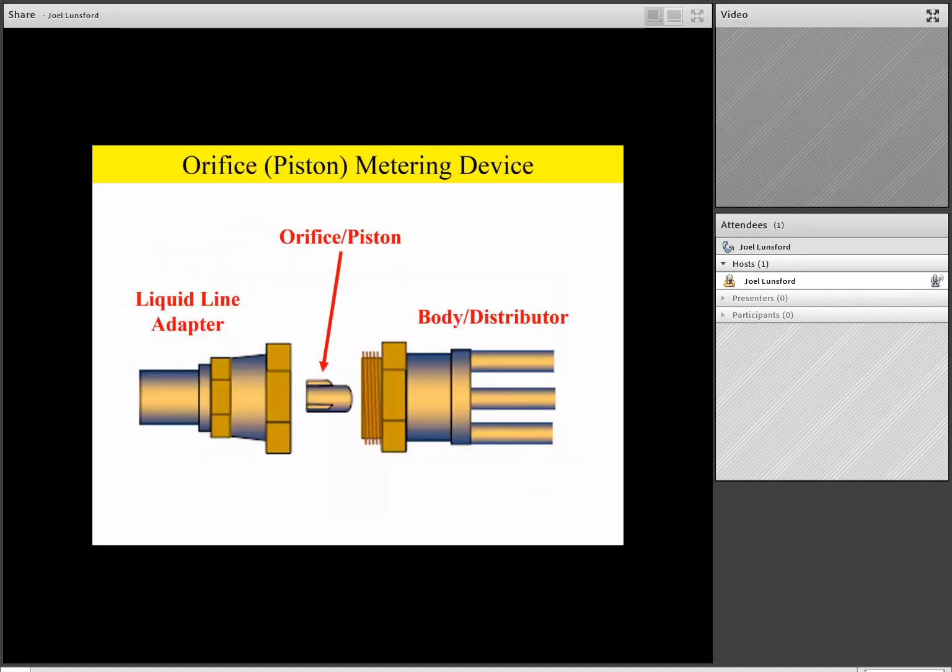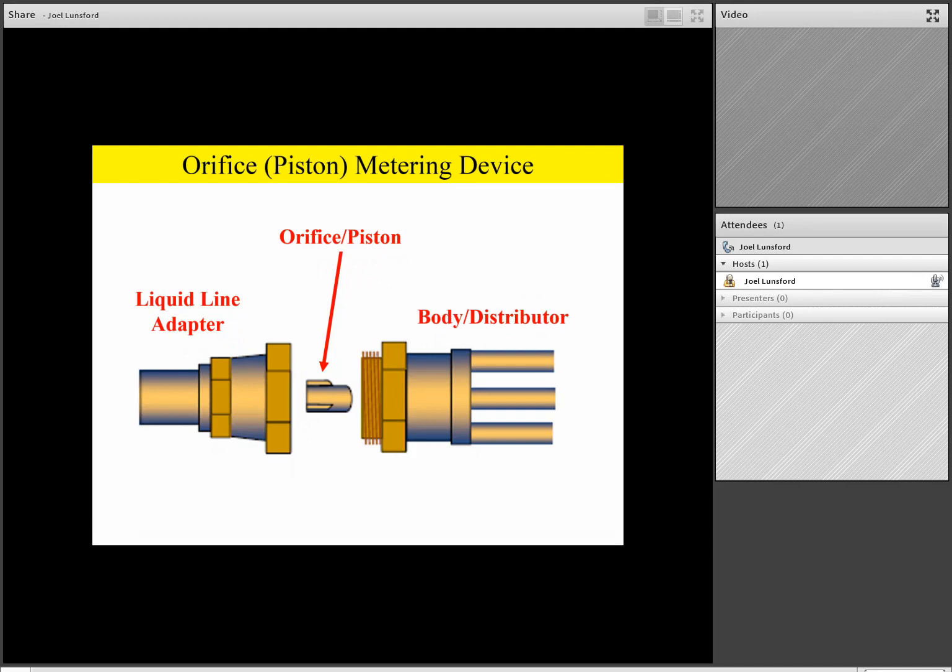The other type of metering device that's commonly found in the air conditioning industry is what we call a piston or an orifice type of metering device. Now, it should be noted there's going to be three components to this body and distributor and liquid line adapter assembly. From the factory, you'll have a liquid line adapter, and a piston or an orifice to put inside of a body or distributor, and then you'll bolt that assembly together.